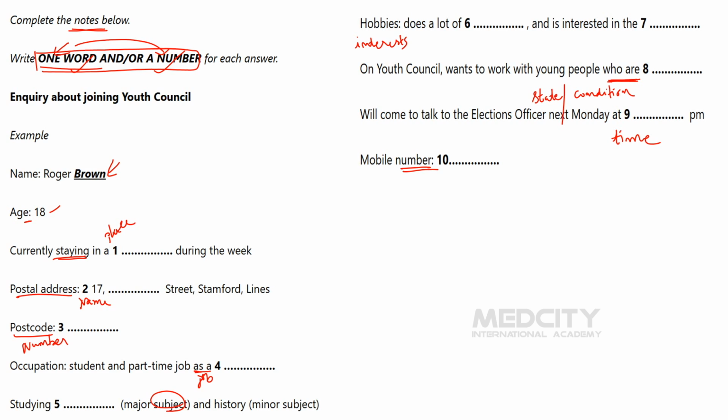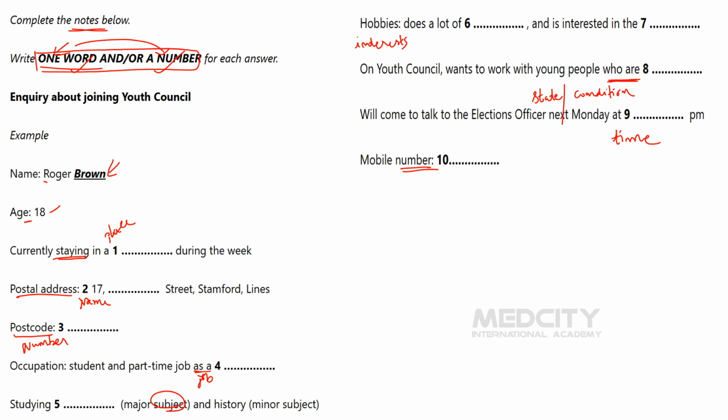You will see that there is an example that has been done for you. On this occasion only, the conversation relating to this will be played first. Good morning, Youth Council. Caroline speaking. Oh, hello. I'm interested in standing for election to the Youth Council, and I was told to give you a call. That's good. Could I have your name, please? Yes, it's Roger Brown.